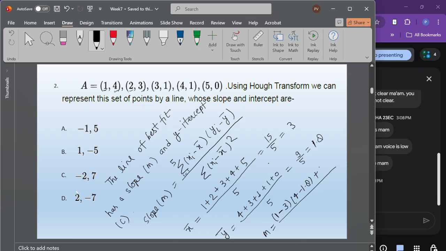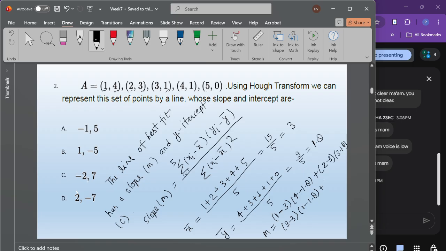So you just see that 2 minus 3 and 3 minus 1.8, right? First we need to calculate here the numerator part. So now calculate for the next value, that is 3 minus 3 for this point and 1 minus 1.8.